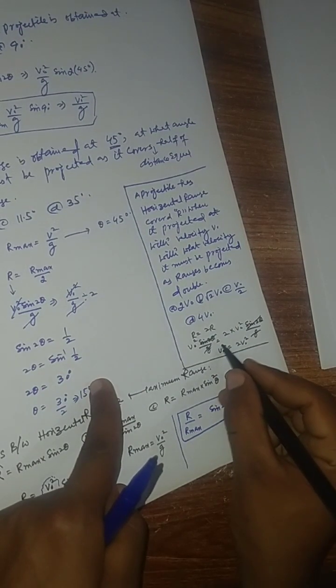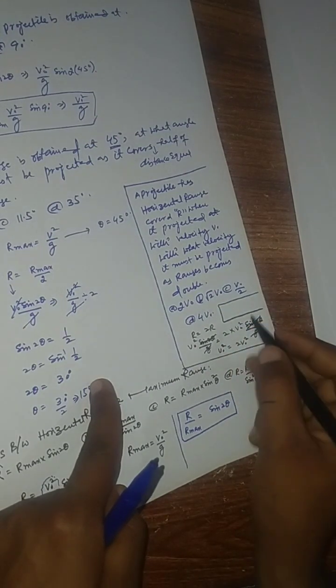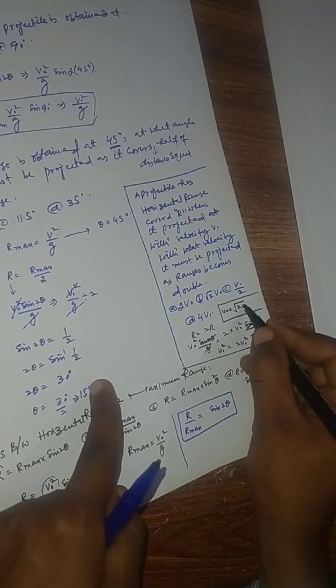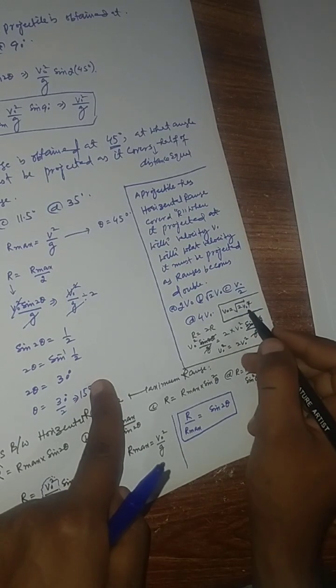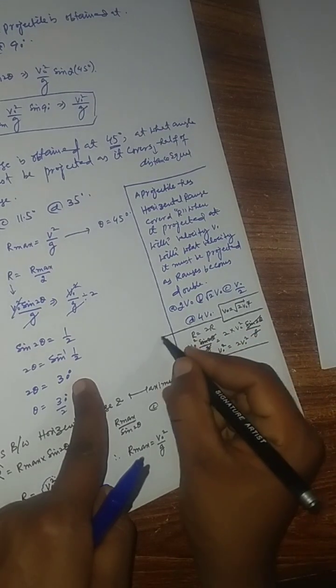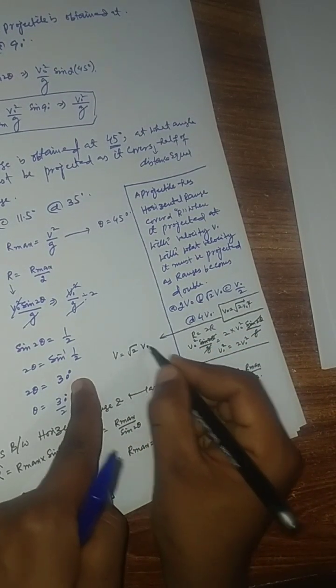So by removing the square, we get v equal to under radical 2 v naught.